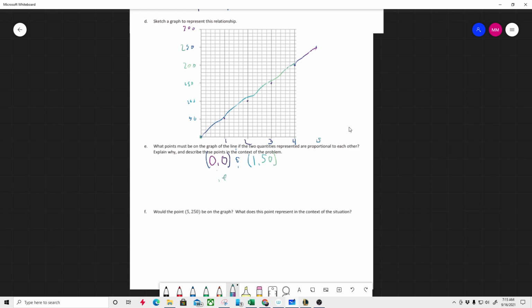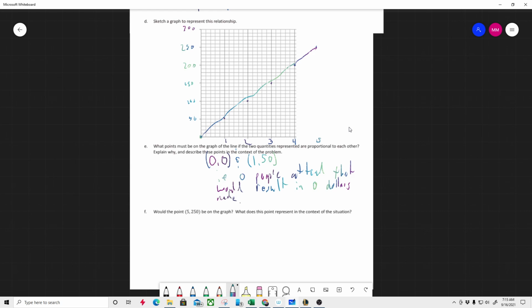I would just go 150 and then say this: if 0 people attend, that would result in $0 made.